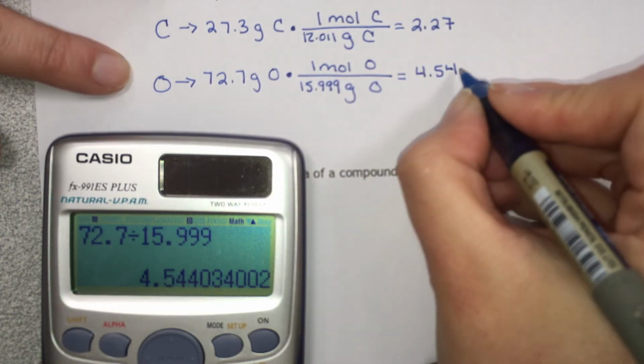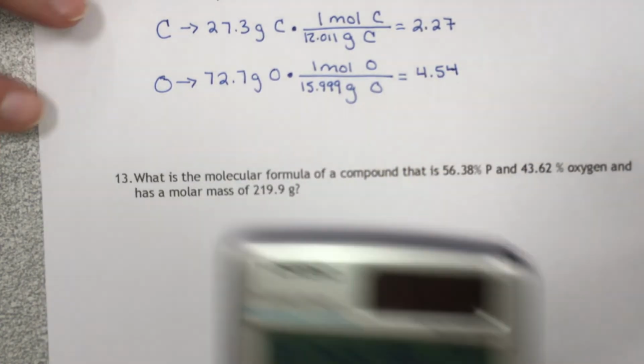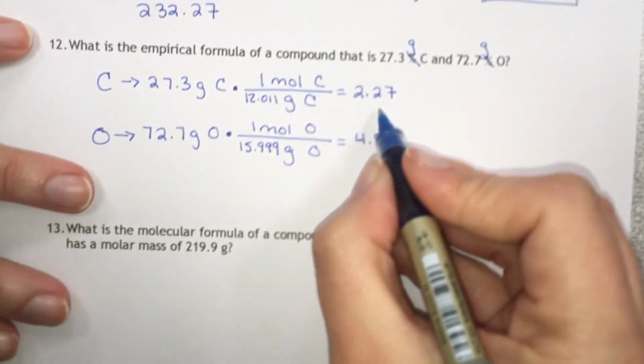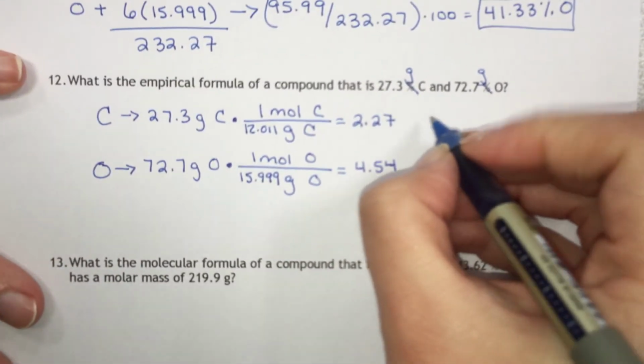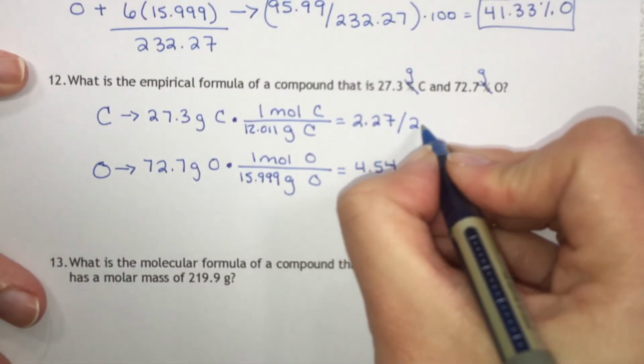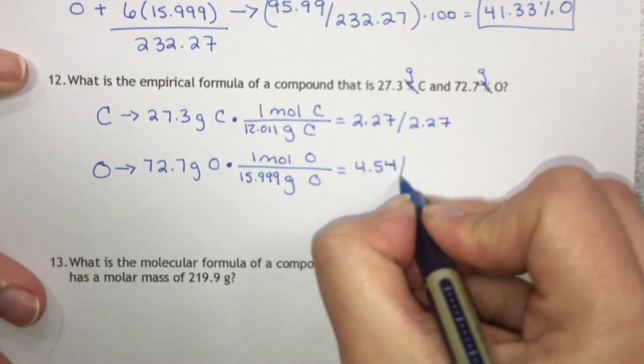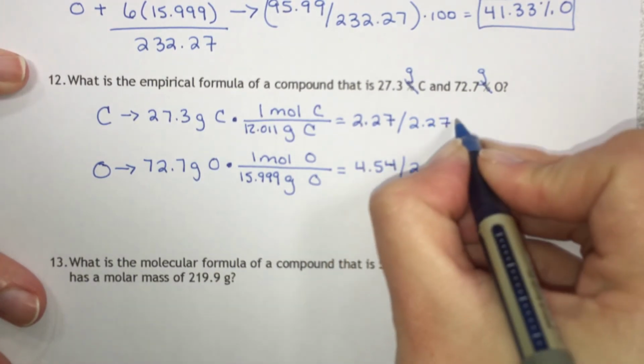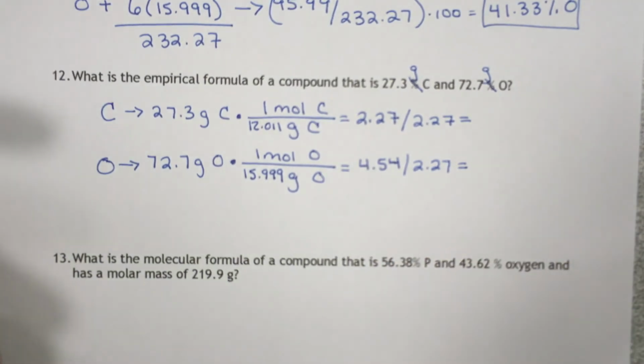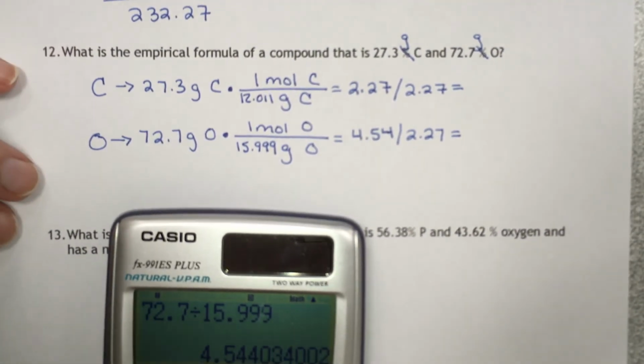Three significant figures, 4.54. So the lowest is 2.27. So we're going to divide each one by 2.27 and find out what the whole numbers are, and that's our subscripts.